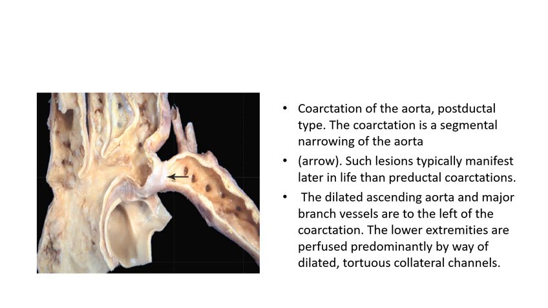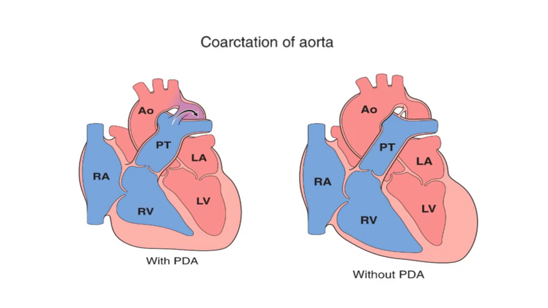Clinical manifestations depend on the severity of the narrowing and the patency of the ductus arteriosus. So, if coarctation of the aorta is with the PDA, then it usually manifests early in life. It may cause signs and symptoms immediately after birth.